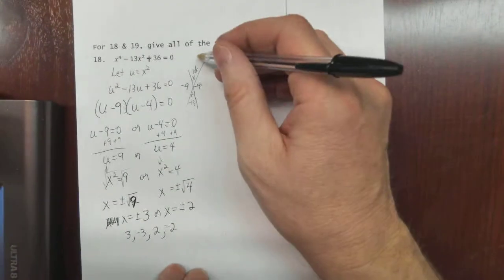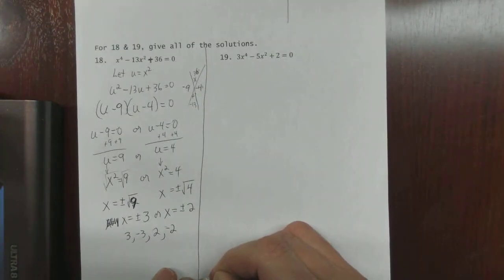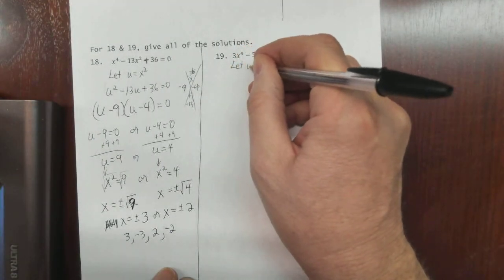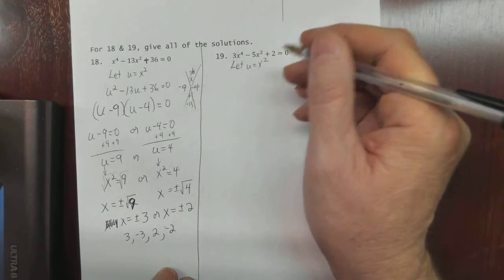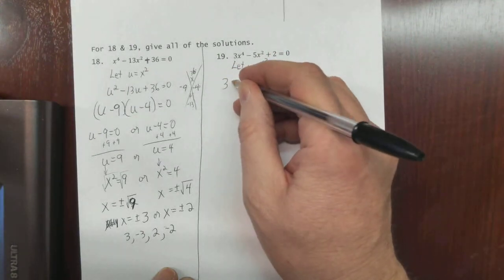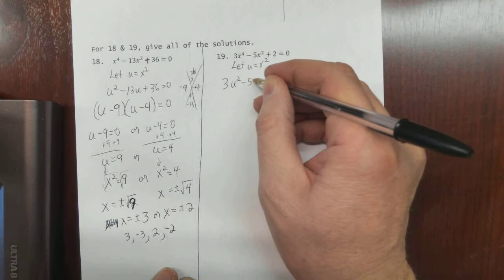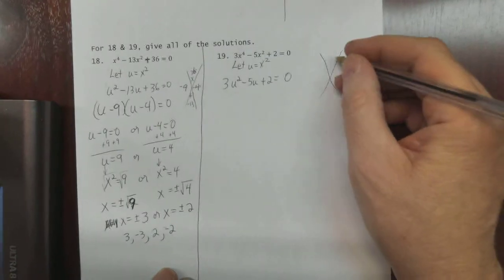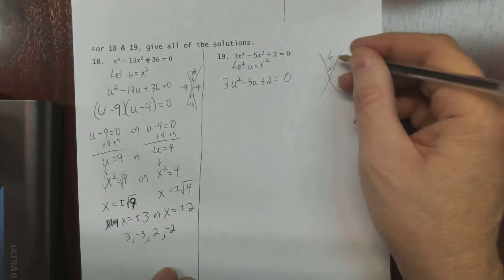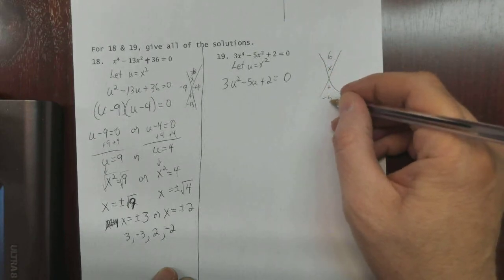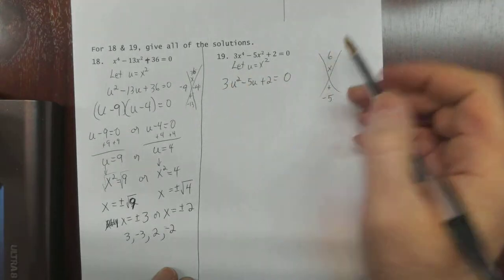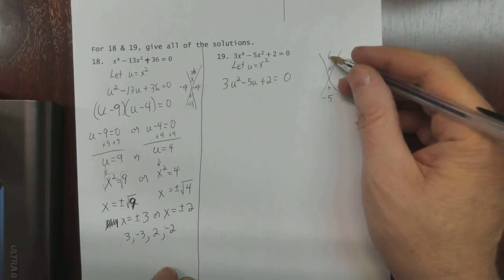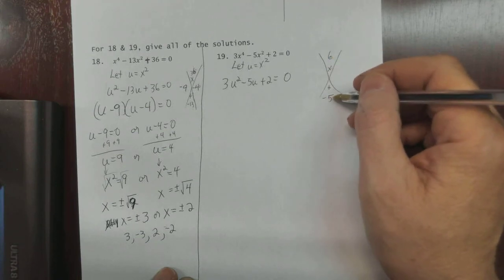All right, last, but certainly not least, number 19. Let's let u equal x squared again. And so we got 3u squared minus 5u plus 2 equals 0. I am multiplying to get 6, and I am adding to get negative 5. 3 times 2, that's where the 6 came from. 2 times 3 is 6, 2 plus 3 is 5.